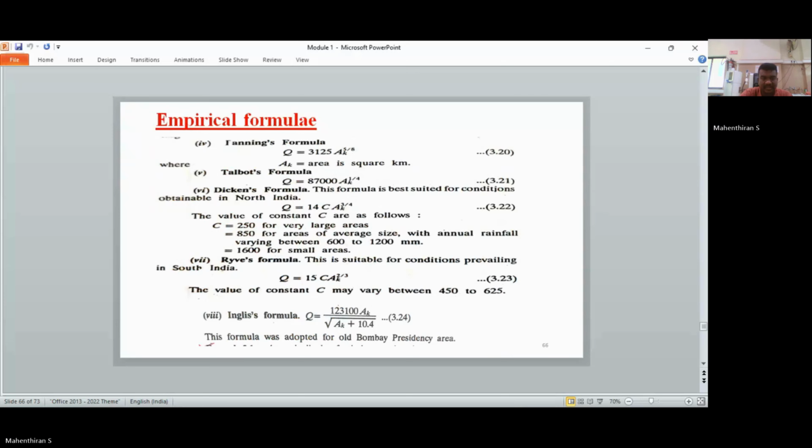Now, it is not a simple power like the others. The area AK appears both in the numerator and inside the square root in the denominator. As area increases, the denominator also increases. So the runoff does not grow linearly.